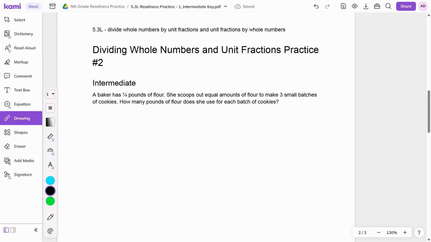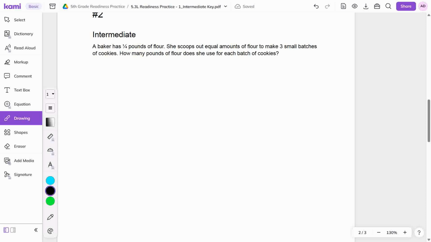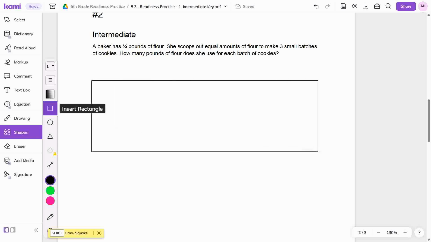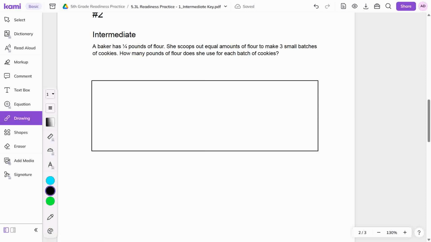Second, we have a baker with 1/4 pounds of flour. She scoops out equal amounts of flour to make 3 small batches. How many pounds of flour does each batch of cookies use? Okay, so let's make a rectangle this time. And this whole rectangle is going to equal 1 pound of flour. So I really only have 1/4 of a pound of flour.